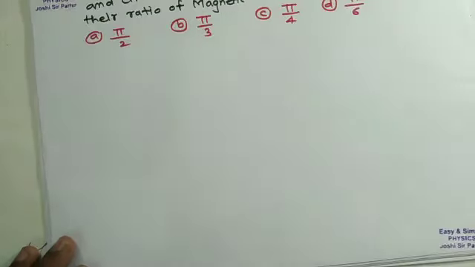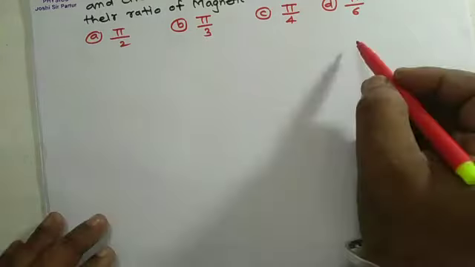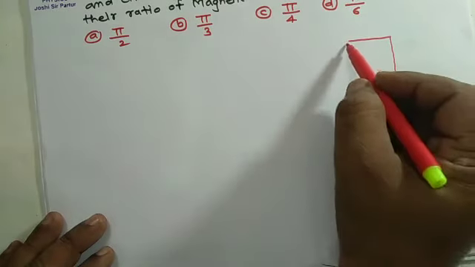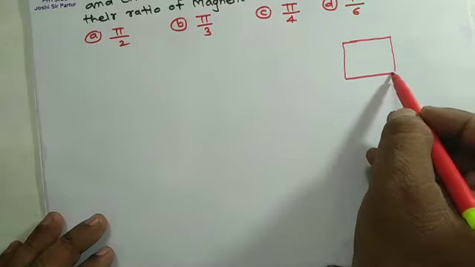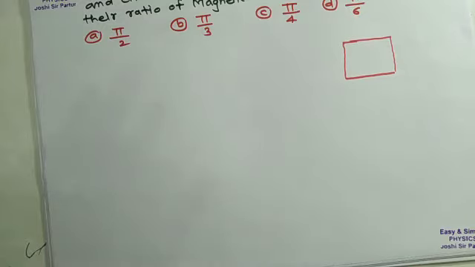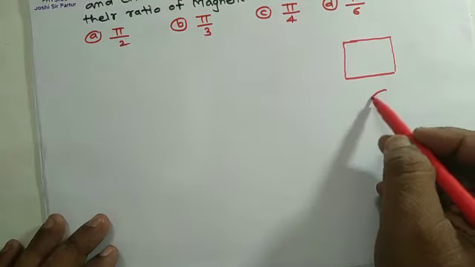Again, a wire of length L is converted into a square and a circular coil.